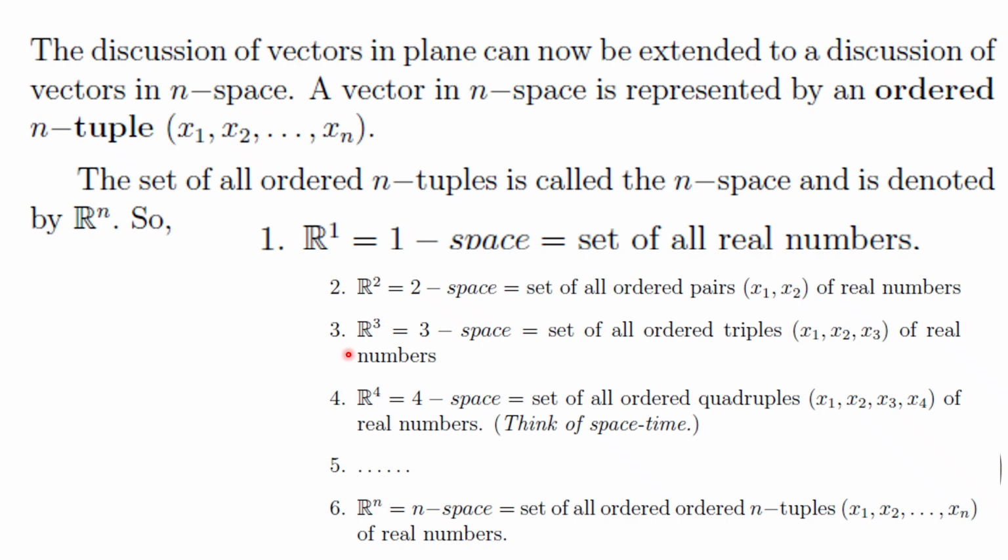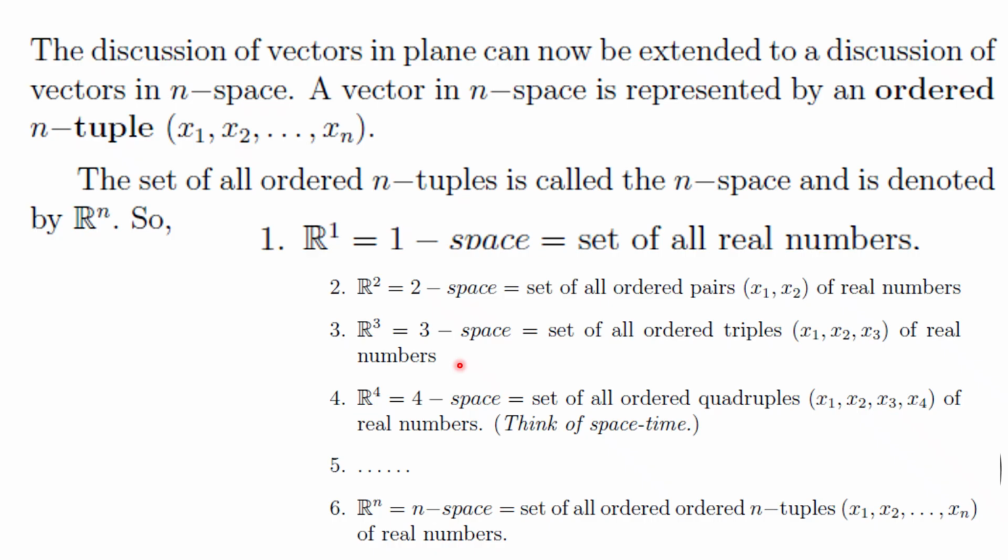If I'm talking about R3, it means we are in 3-space, which is the set of all ordered triples x1, x2, and x3 of real numbers. So in R3, we are talking about the 3-dimensional space where we have x, y, and z, as you can see. R4 stands for 4-space.